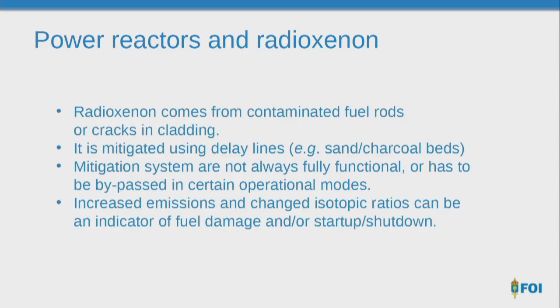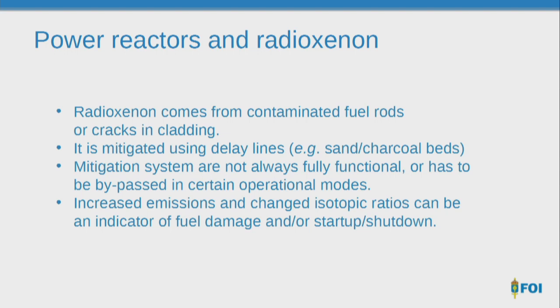So this xenon, where does it come from? It comes from contaminated fuel rods. You can have some fuel outside the rods. You can also have some cracks in the fuel cladding, and then you get radioxenon coming out from fission gases. Normally, this is mitigated using delay lines like charcoal beds or sand beds in the plant, which most of the time work very well.